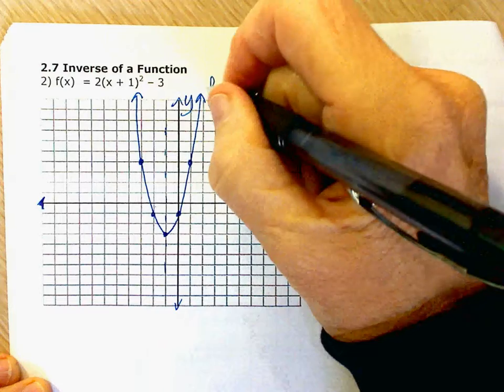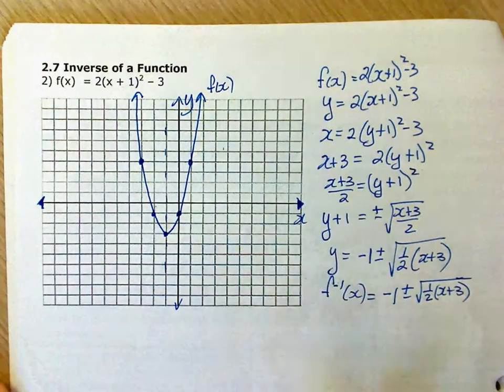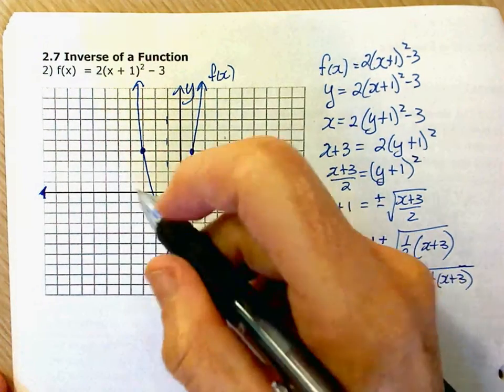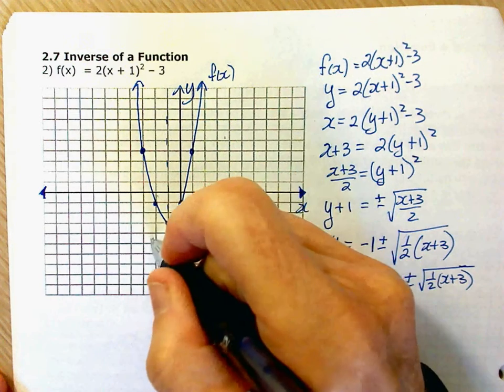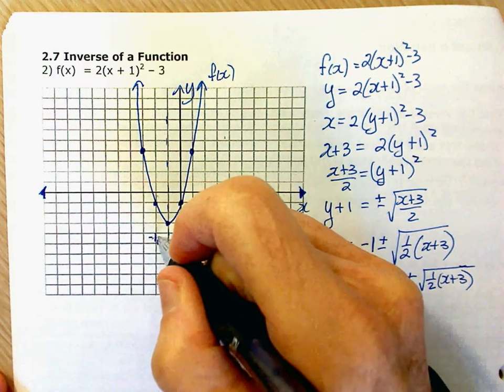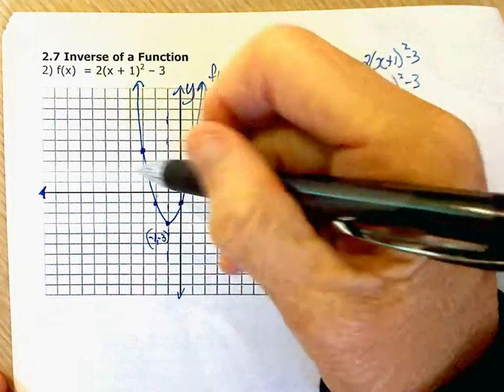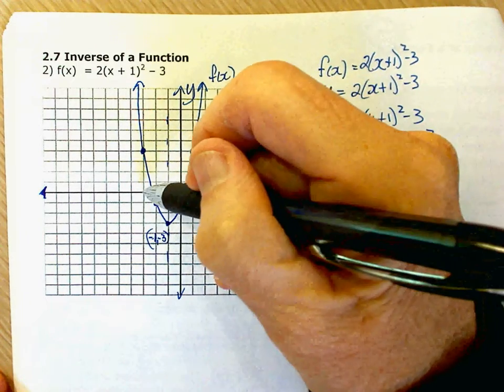Now, the easiest way to do our inverse: we know this point here is negative 1 comma negative 3, so our inverse will be negative 3, negative 1. Just swap the x and y.